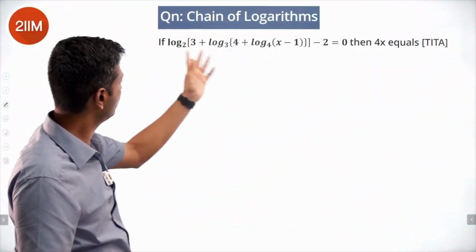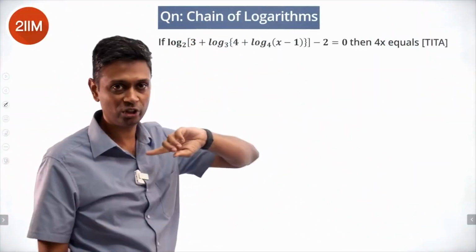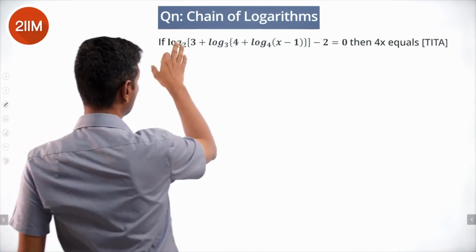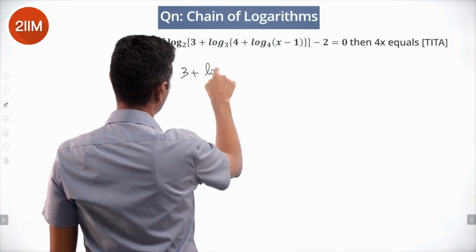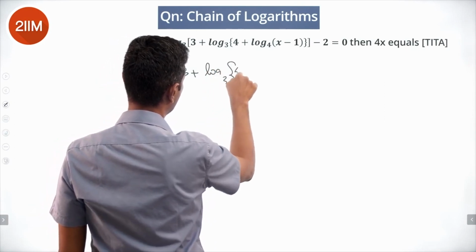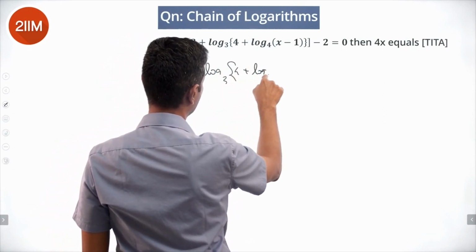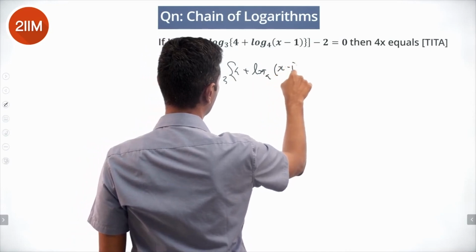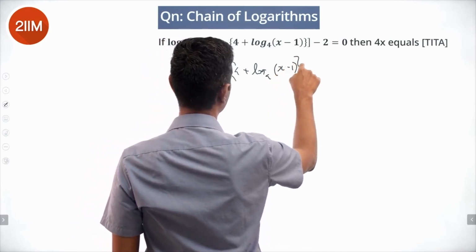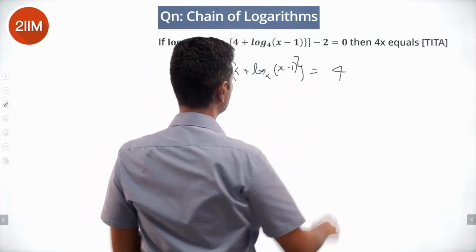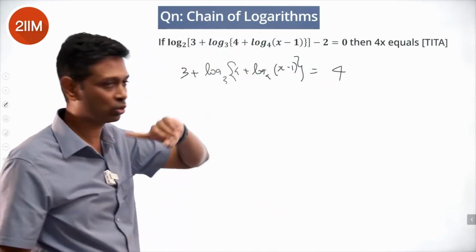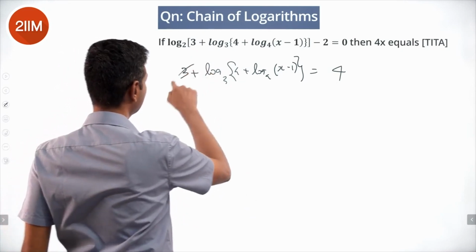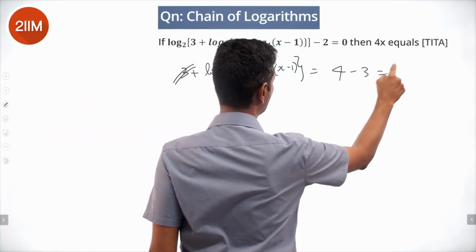Log of this whole thing to the base 2 minus 2 is 0, or log of this whole thing to the base 2 is 2. Or 3 plus log to the base 3 of 4 plus log to the base 4 of x minus 1 is 4. 4 is 2 square. I'm taking this 2 that side and putting it as 2 square. I can take this 3 this side. 4 minus 3 equal to 1.